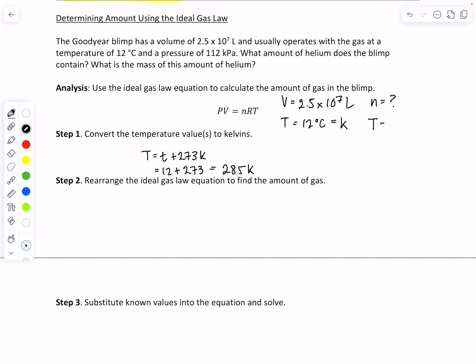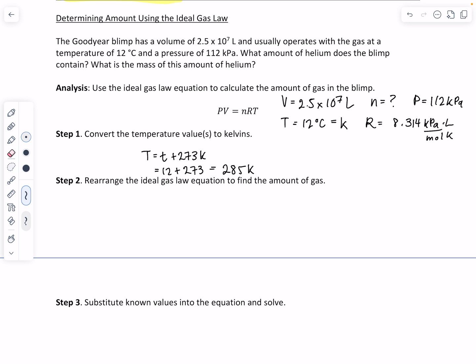We know the temperature, we know R is 8.314 kilopascals times liters per mole Kelvin. And we know the pressure is 112 kilopascals.